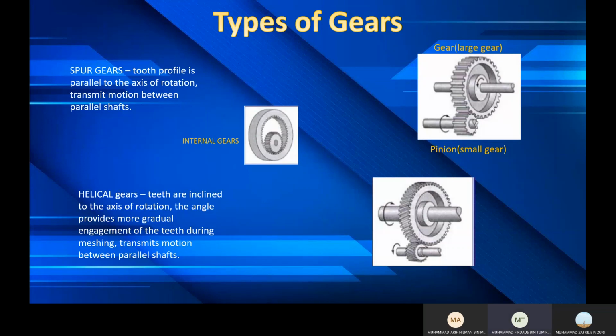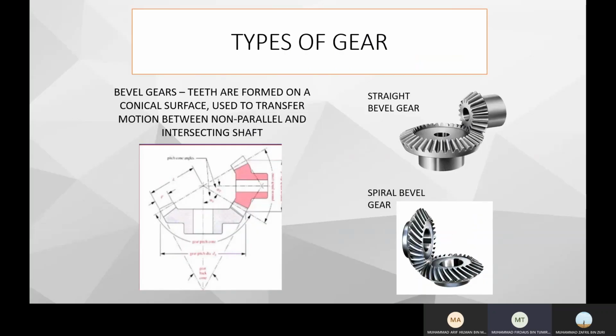The angle provides more gradual engagement of the teeth during meshing, transmit motion between parallel shafts. Then we have bevel gears, in which the teeth are formed on a conical surface, used to transfer motion between non-parallel and intersecting shafts.